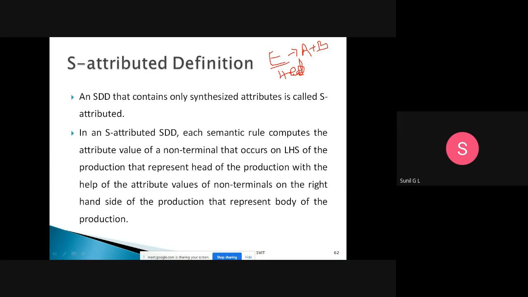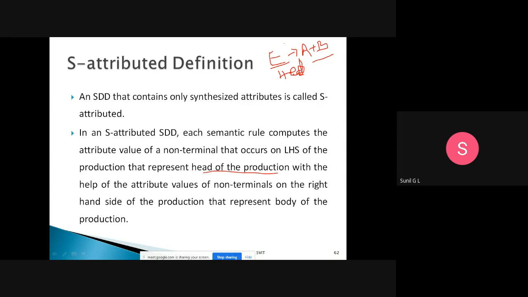Each semantic rule computes the attribute value of the non-terminal on the LHS, which is the head of the production, with the help of the attribute values of non-terminals on the right hand side, which is the body of the production. So the head value will be computed from the body of the production.